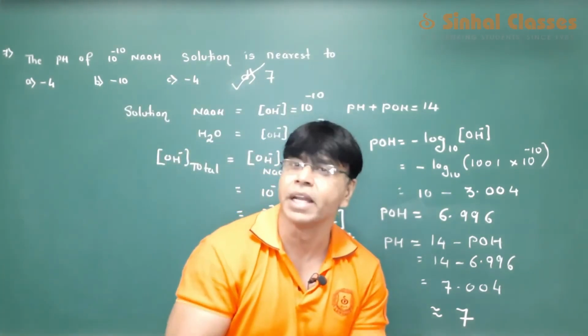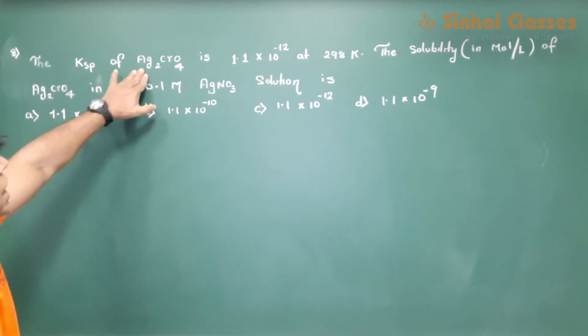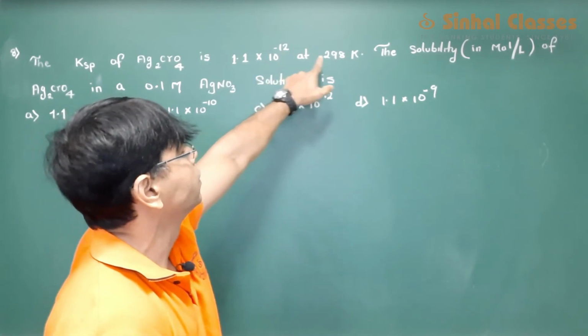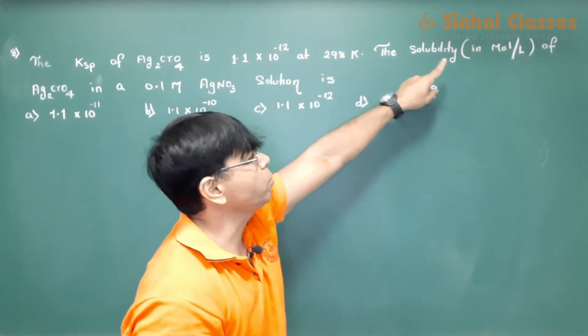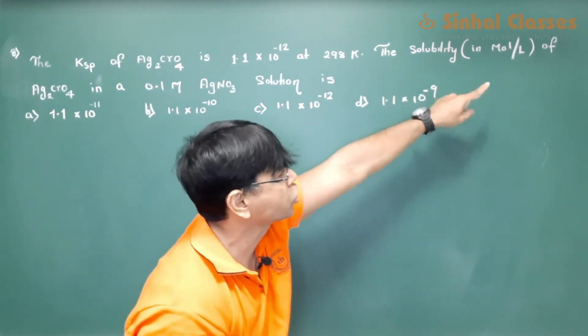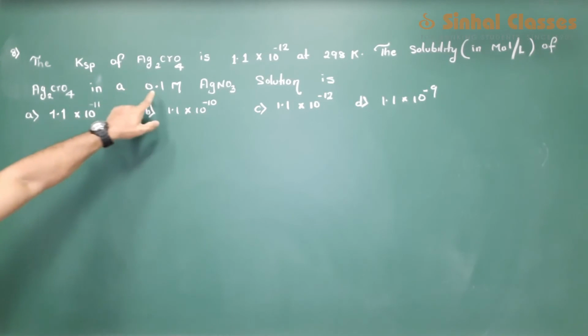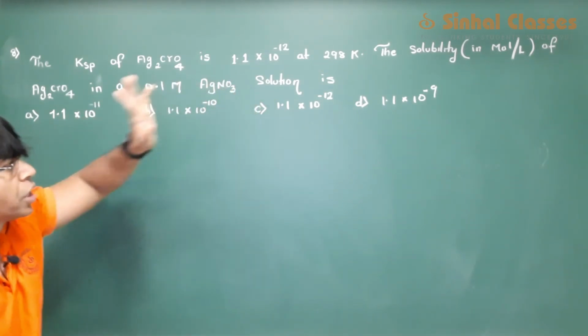So let's go for the next question now. The Ksp of silver chromate is 1.1 into 10 raised to minus 12 at 298 Kelvin. The solubility in moles per liter of silver chromate in 0.1 molar silver nitrate solution is.